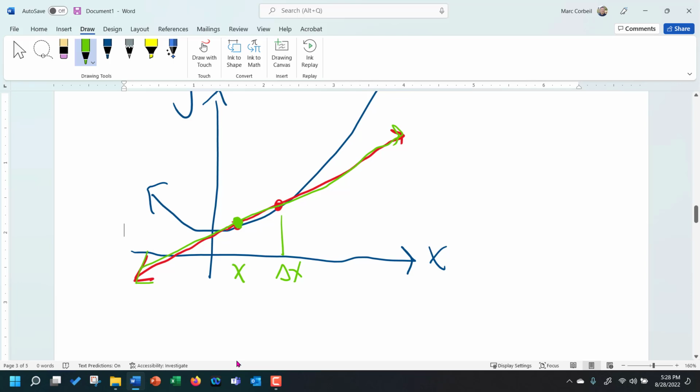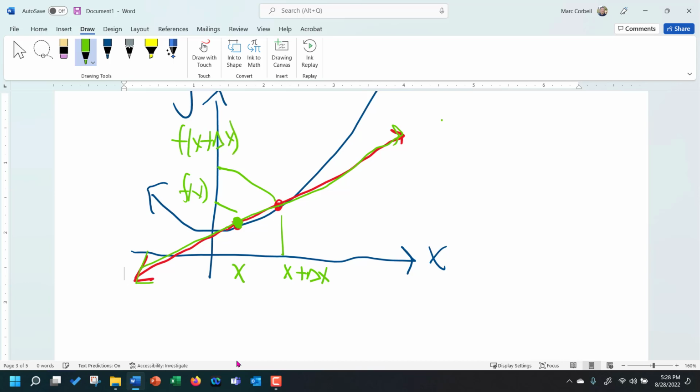So some delta x. So we're going to say x plus delta x. The first point is going to be here, so that's x, f of x, and the second point here is going to be f of x plus delta x.